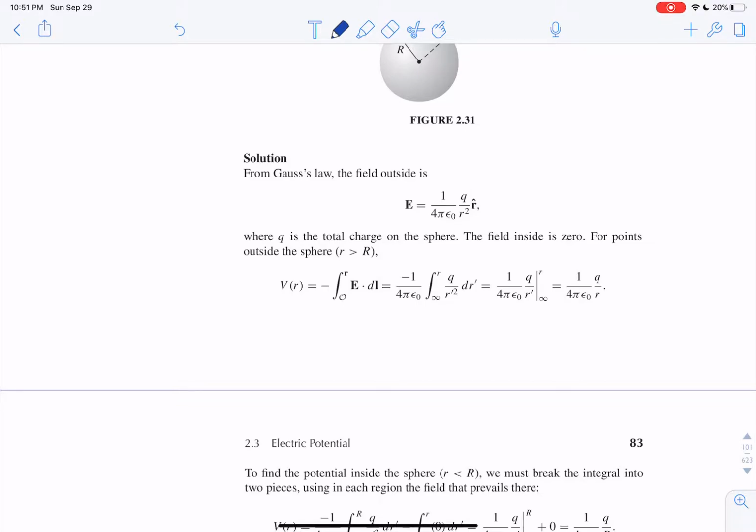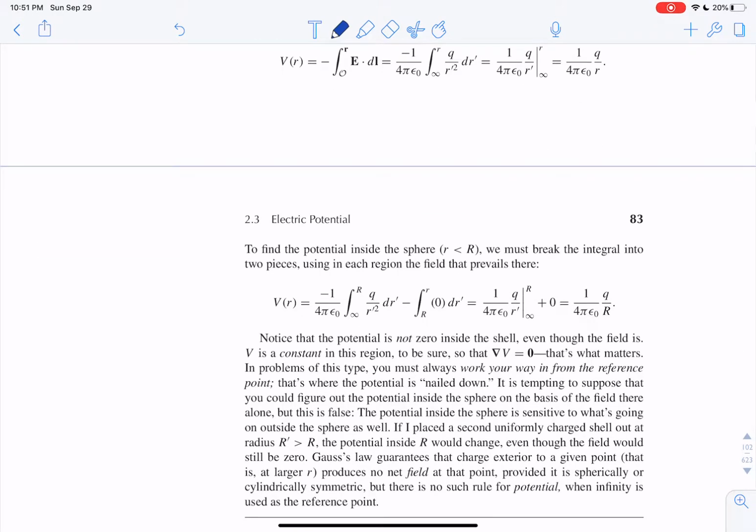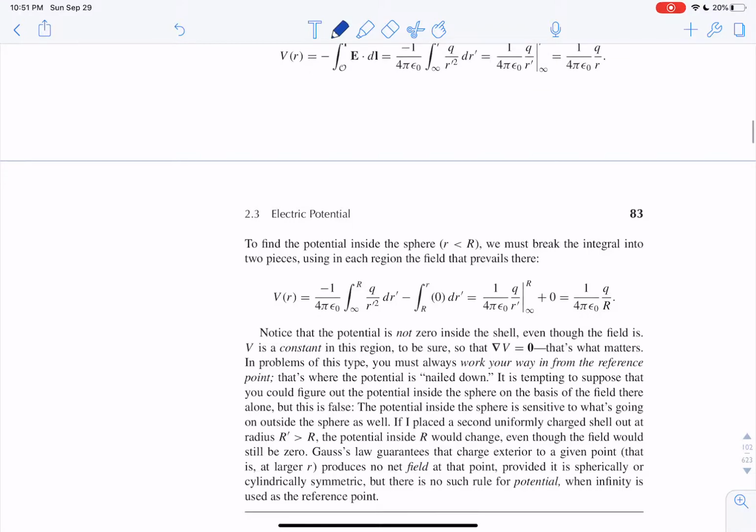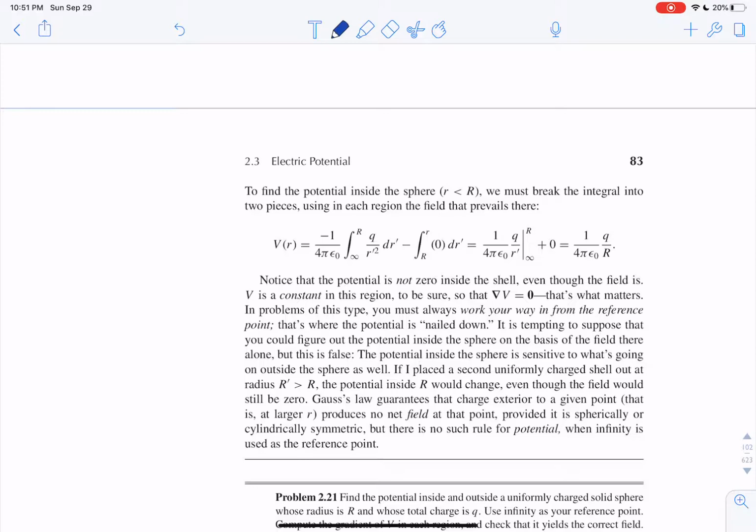You do this integral, and you get just 1 over 4 pi epsilon naught Q over r. Cool. To find the potential inside the sphere, now we're going to take the integral from infinity to big R, and then from big R to little r to calculate what the potential is.